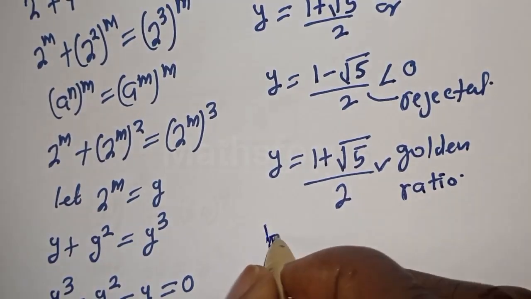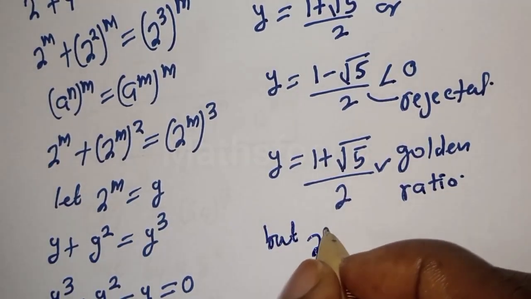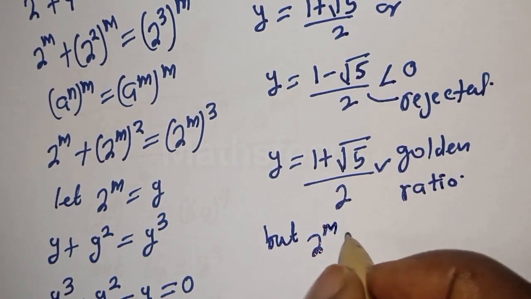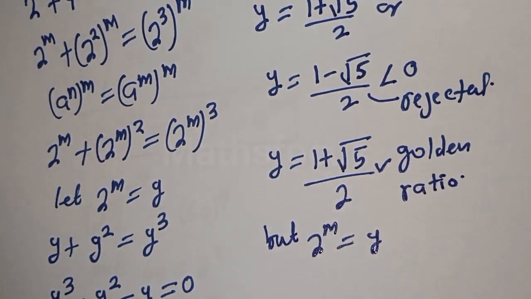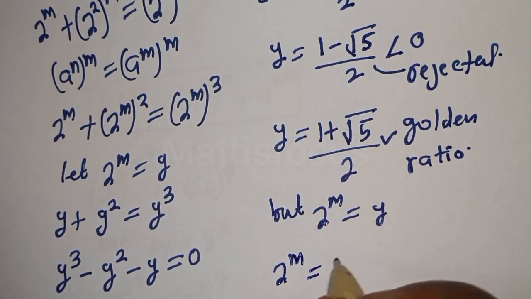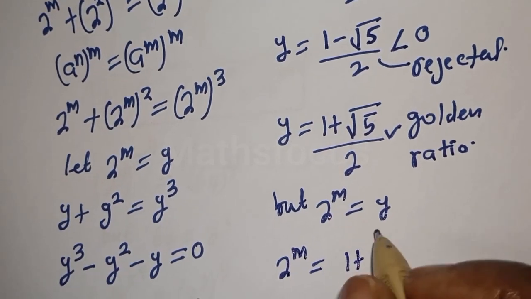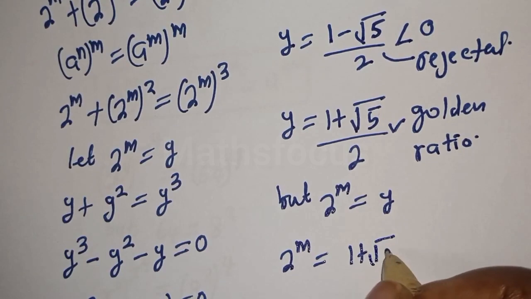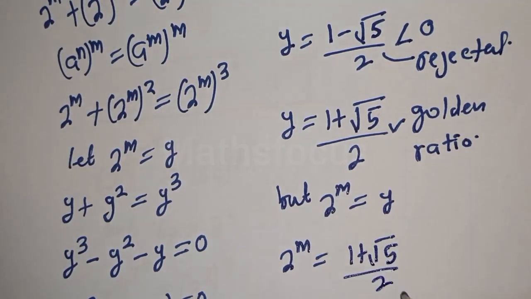But 2^m is equal to y. So 2^m is equal to (1 plus square root of 5) over 2.